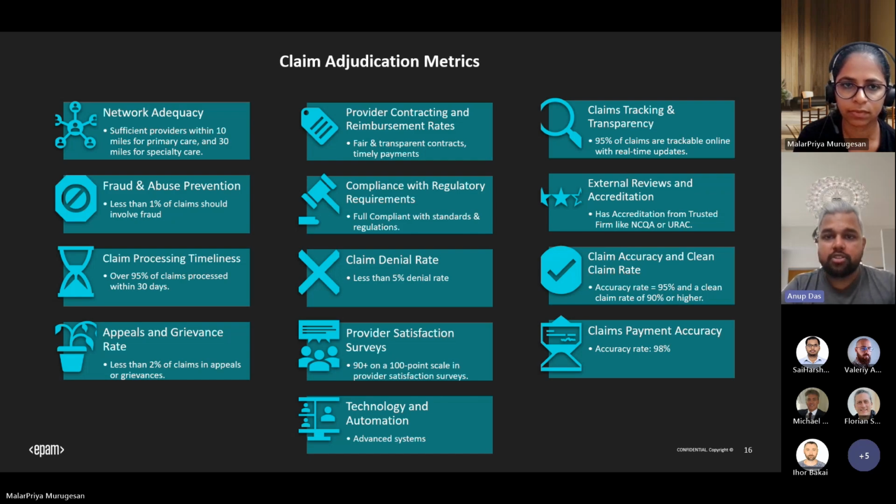Moving on to the next point, compliance, and we have talked about this across this session. HIPAA compliance and other state and federal regulations. So MCOs strive to maintain these regulations and ensure that payers, providers, and insurance companies abide by them, so that there is no violation, which helps in easier claims processing.